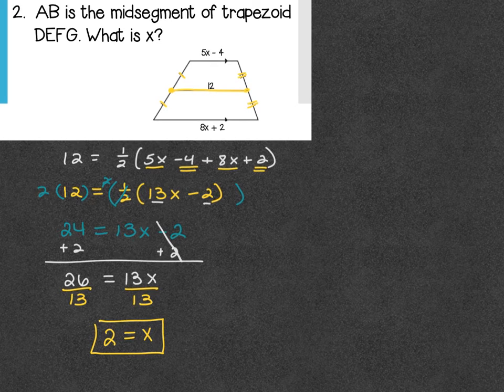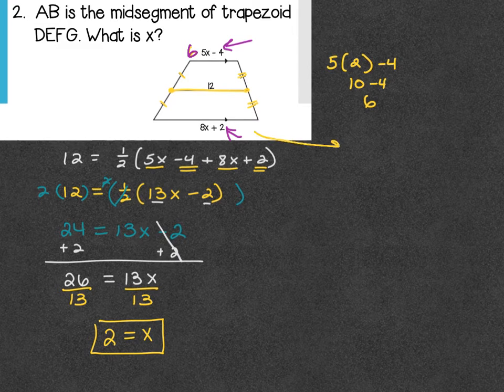And these are questions you can check by taking that answer and plugging it back in to these values. So on the top, if I did 5 times 2 minus 4, I would get 10 minus 4, or 6. That's the value on the top of the trapezoid.